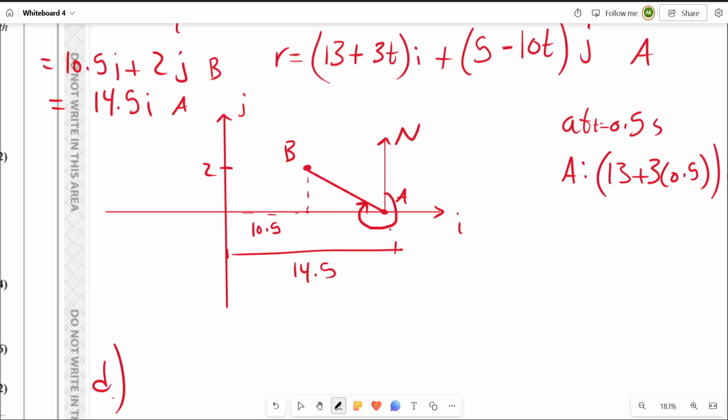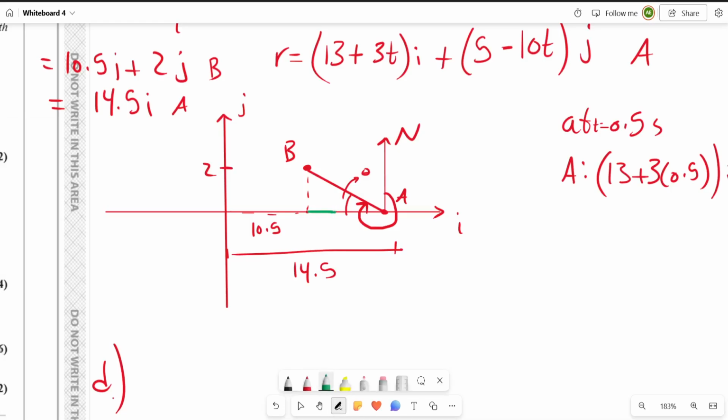To find this angle, if I find this small angle, let's call it theta, I can add it to 270 to get this whole angle. So let's get theta. If this whole thing is 14.5 and this is 10.5, then this green bit is 14.5 minus 10.5, that is 4.